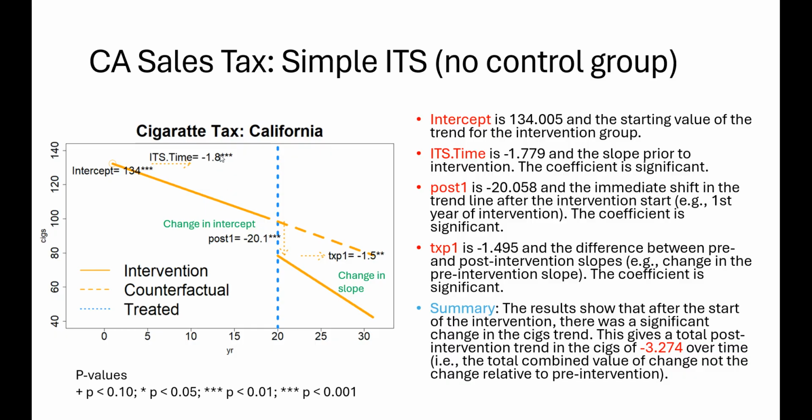So if you add the trend or the slope for both periods, we have negative 1.8 plus negative 1.5, and that's about negative 3.3. So overall, we're seeing that there are 3.3 fewer packs of cigarettes sold per year in California since 1970. So that's a big change.